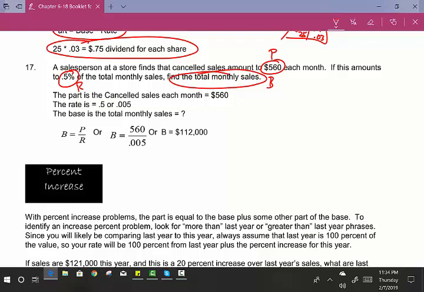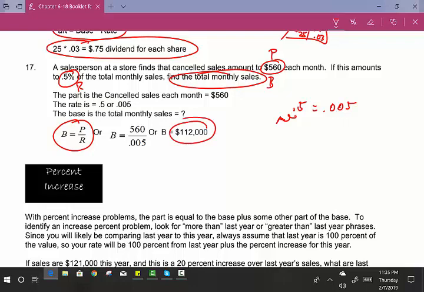The base is equal to the part divided by the rate. So that's 560 divided by 0.005. How did I get that? 0.5 of 1%. You have 0.5, and then move the decimal point 2 places to the left to equal 0.005. 560 divided by 0.005 equals 112,000.